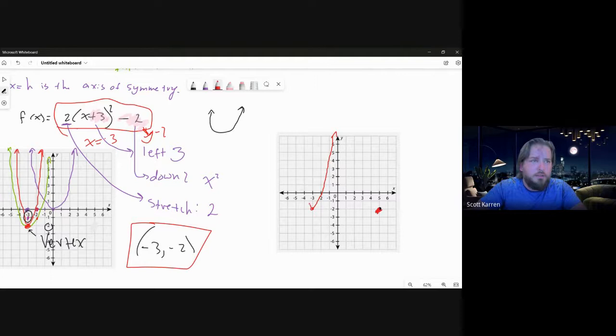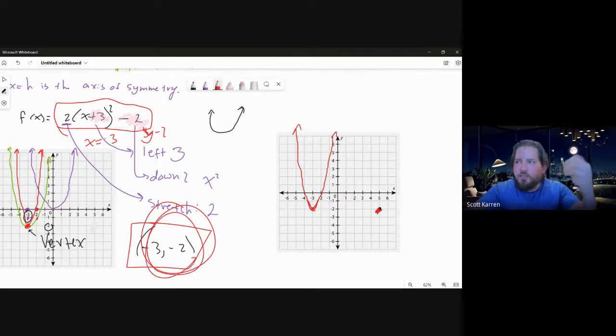It looks like this. It still kind of looks V-ish, but it looks more or less like this. Right? And so it should be an instant thing, right? Rather than having to think about it, throw something to the left, to the right, up, down, squish it, blah, blah, blah. All I have to do is know this is where I'm starting, stretch it, and I'm done.